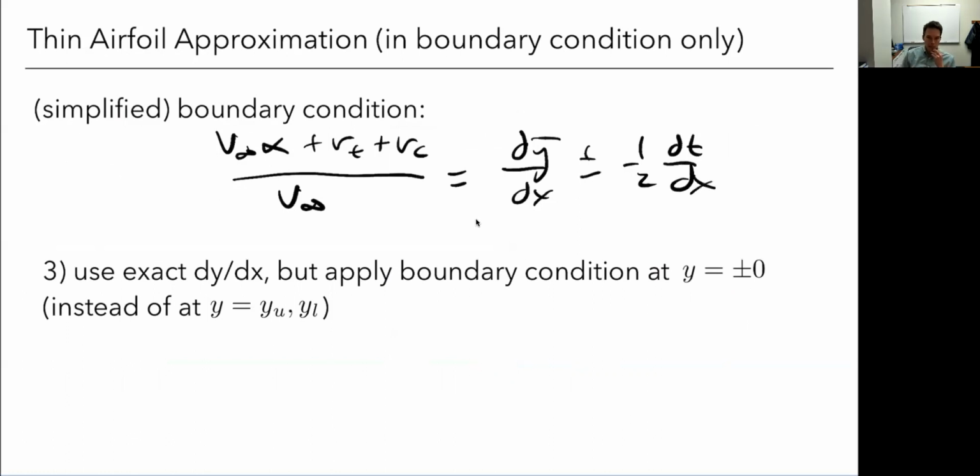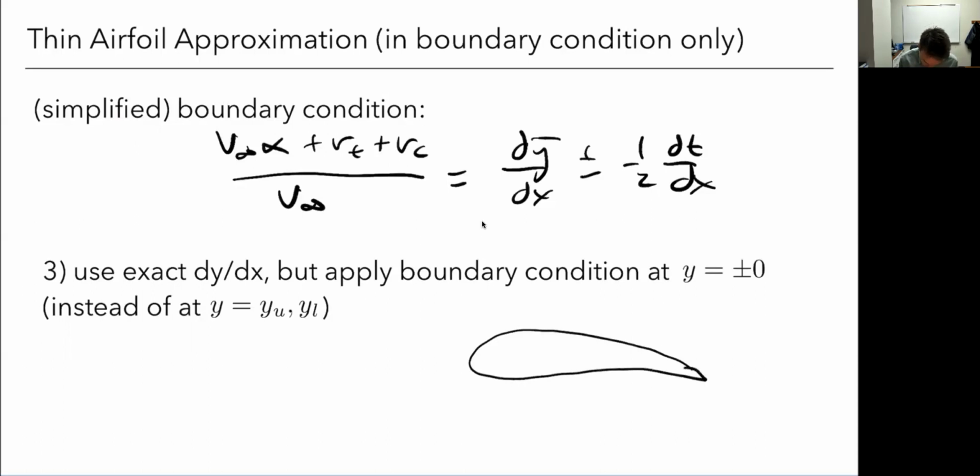The last simplification that we're going to make is... Let me back up. Here's my airfoil.